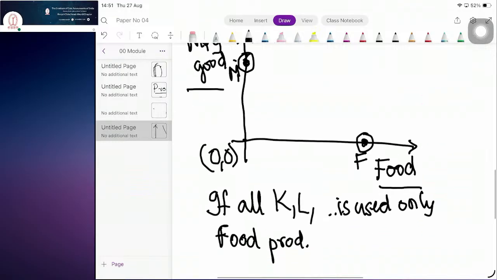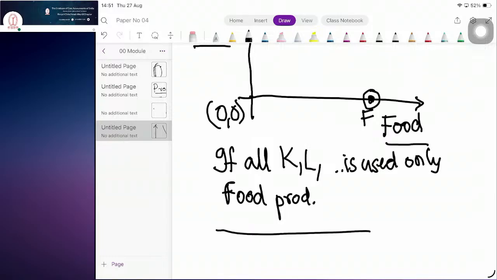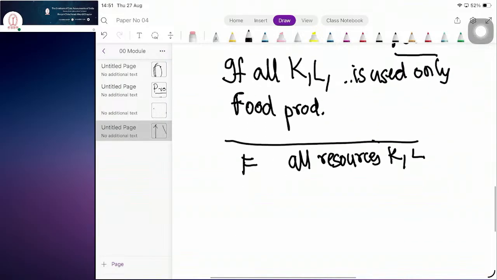At F, all resources, meaning capital and labor, are used for food production.